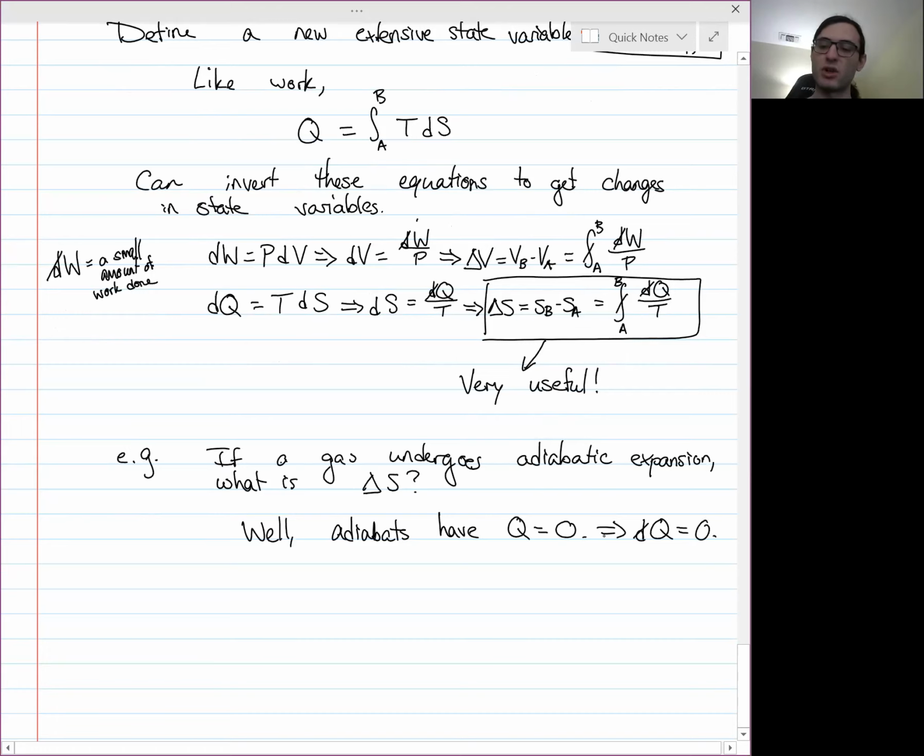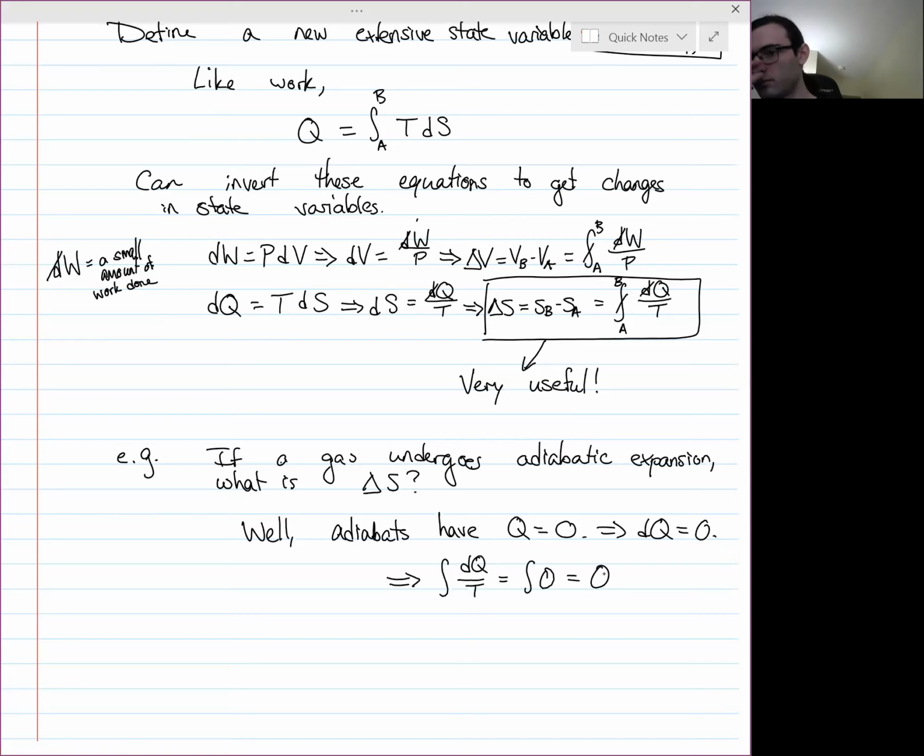I'm just going to drop the slashes now. So that implies that the integral of dQ over T is just the integral of 0, which is just 0. And this is from A to B. It's a definite integral, right? And so that is what the change in entropy is.